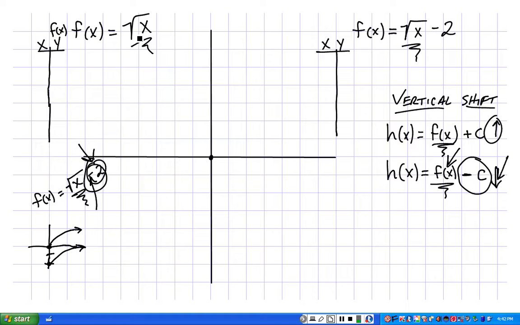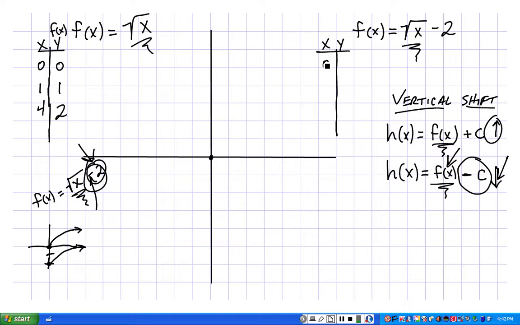So here we could write a 0, we could write positive 1, and then I want to write 4. The reason why I picked those 3 numbers is, one, they're all positive because we don't want to take the square root of a negative, and then they're all perfect squares, so I can get nice whole number answers. So square root of 0 is just going to be 0, square root of 1 is 1, square root of 4 being 2.